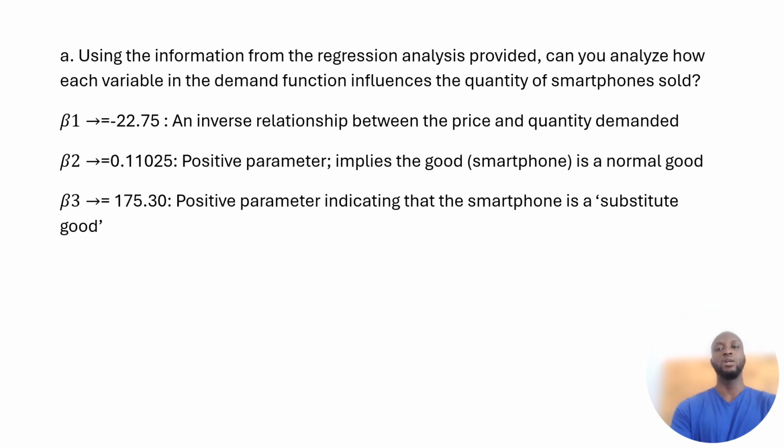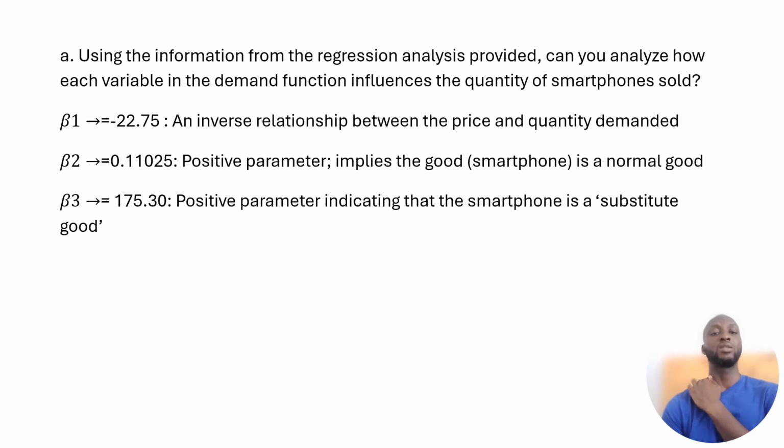By the way, the intercept, B naught, represents the parameter of the intercept. Now beta 1 represents negative 22.75. If you go back to your slide and revisit the table, you will pick it up under the first column, the parameter intercept result. The negative 22.75 explains the inverse relationship between price and quantity demanded. The negative sign indicates that there is an inverse relationship.